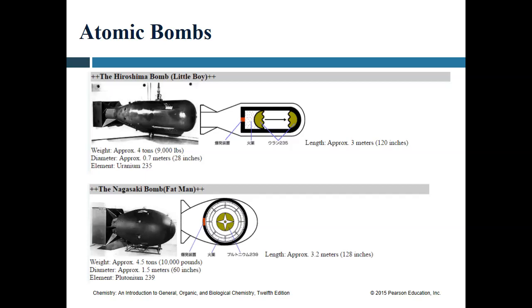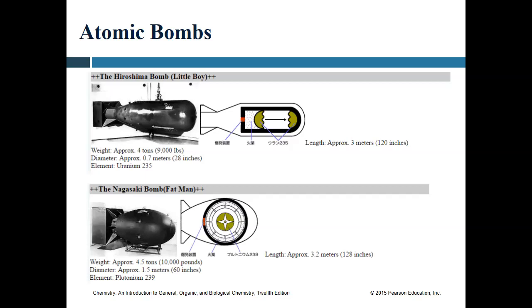Now it weighed 9,000 pounds. So it was a very dense 9 feet. But it wasn't super big. Now, uranium-235 was the substance in there, and obviously they packed a ton of uranium-235 into that bomb.